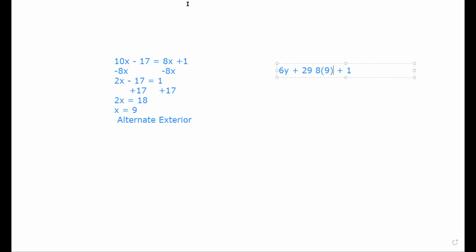So what is this called? What is that angle relationship called?